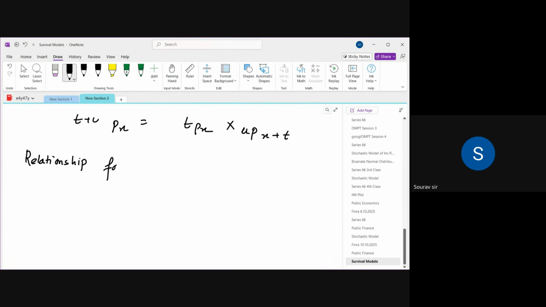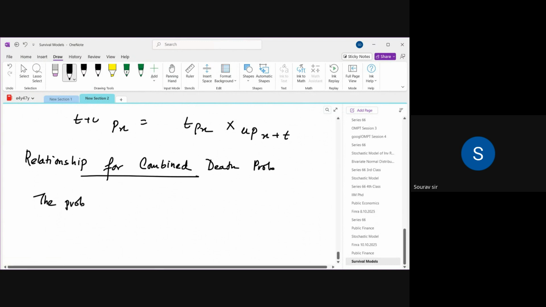Now if I talk about the relationship for death probability, that is the probability that a person aged x dies within t plus u years, and that is equal to what?